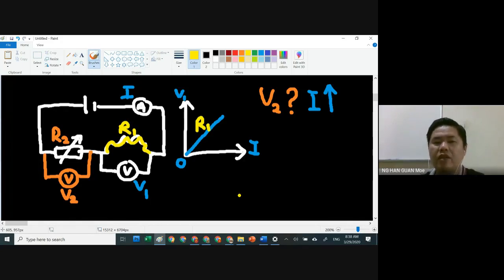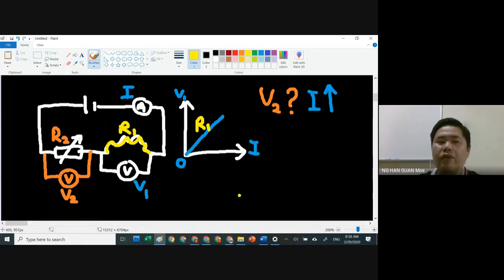We assume there is no change in the other physical conditions, especially the temperature. So we assume that R1, the resistor wire, is a constant value. But the rheostat is the adjustable resistor, so when we adjust it, we are controlling the current flow.